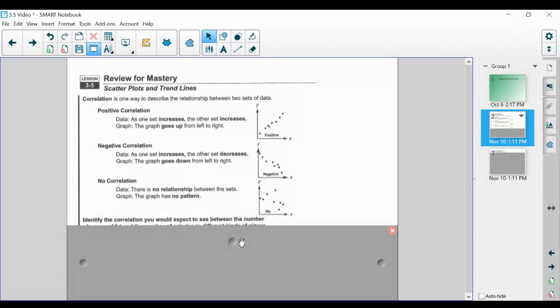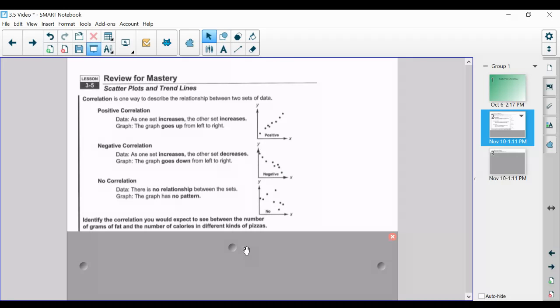And sometimes we're going to be asked to identify the correlation between things, to take a guess as to what we feel we would have to say. It's going to be a positive correlation, a negative correlation, or no correlation. So there's an example provided. It says identify the correlation you would expect to see between the number of grams of fat and the number of calories in different kinds of pizza.